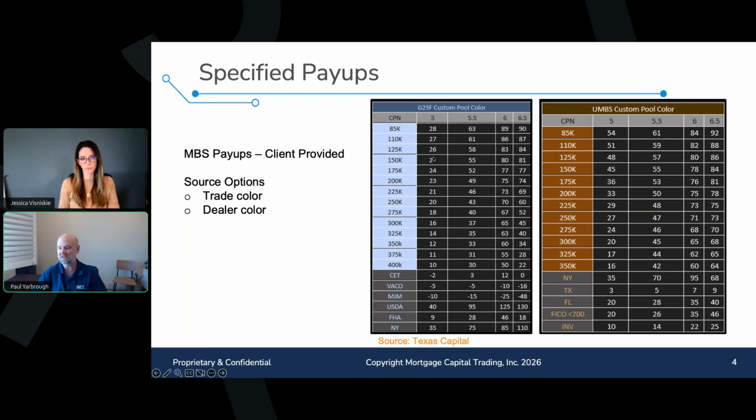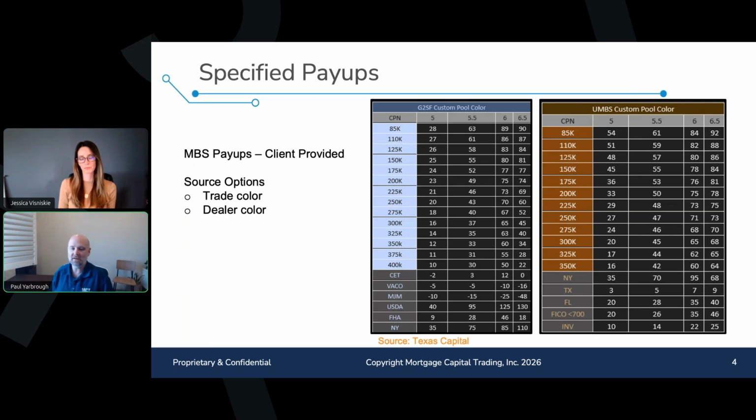A specified pay-up, just as a reminder, is something above and beyond your TBA screen pricing, right? So you see a price for a Ginnie 2.5 in April, and it says a price on there, and supposedly you'll get that if you put together a group of loans that's a Ginnie 2.5 coupon.